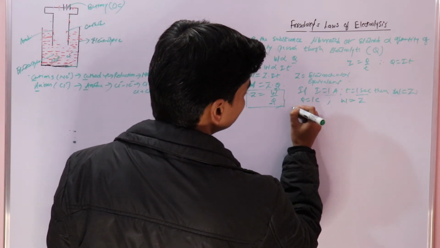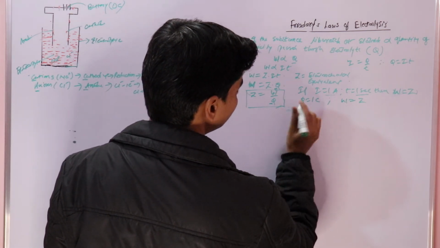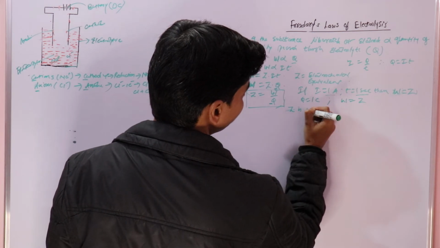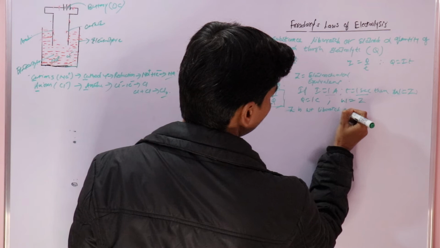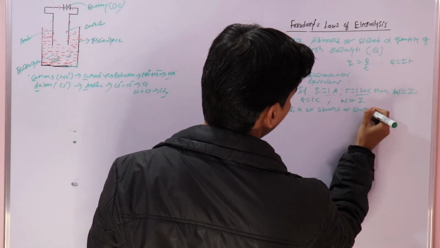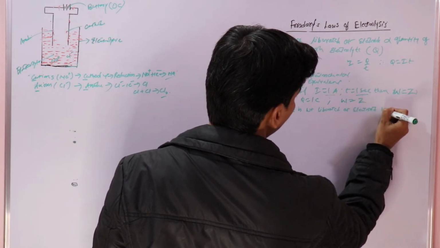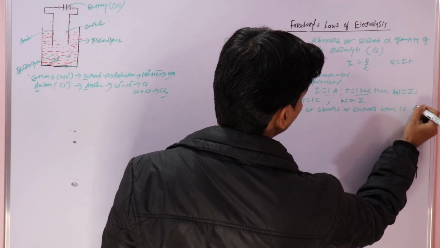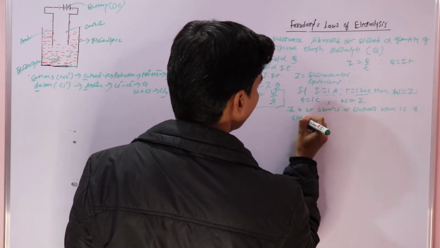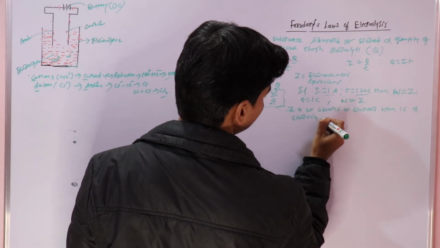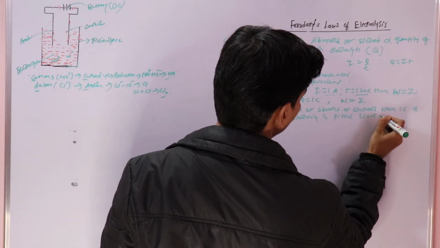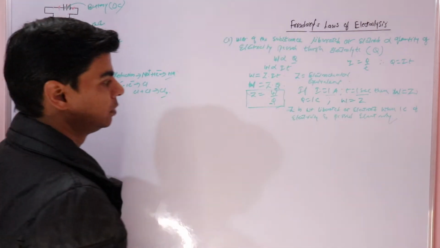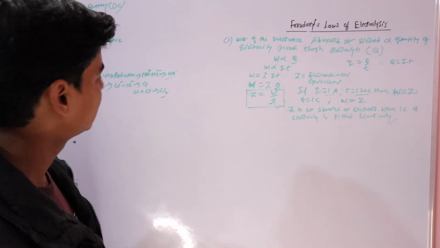So Z is the weight liberated at electrode when 1 coulomb of electricity is passed through electrolyte. Just remember this, we will be using this again.